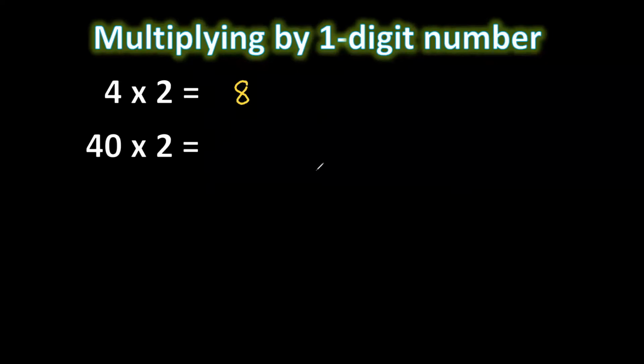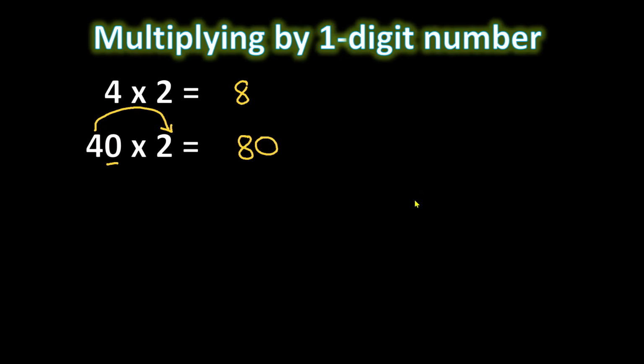In here, since we have 0 here, we just have to multiply 4 and 2 again, which is 8, and simply copy 0. So 40 times 2 is equal to 80.